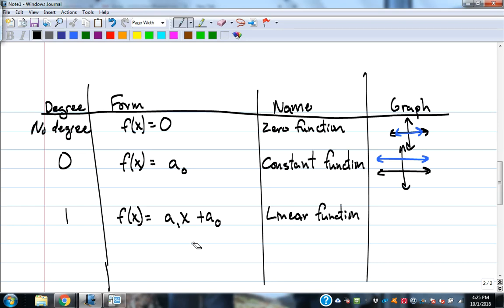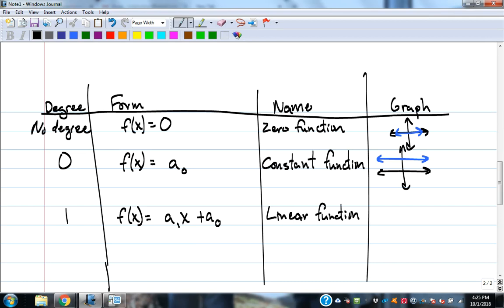Mathematics and mathematicians are world famous for taking something you already know about and telling you it's something different by calling it a different name. So instead of saying mx plus b, we're saying a sub 1 times x plus a sub 0. That's slope and y-intercept, just like it was in chapter 4. It's no different.